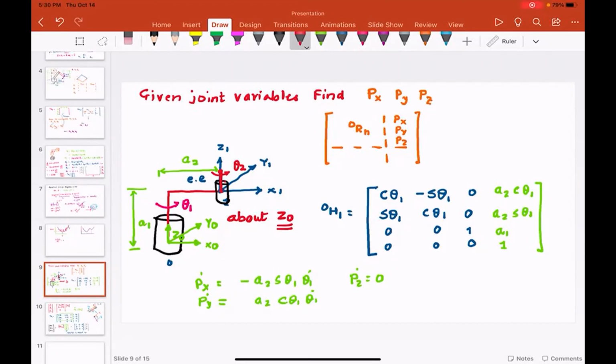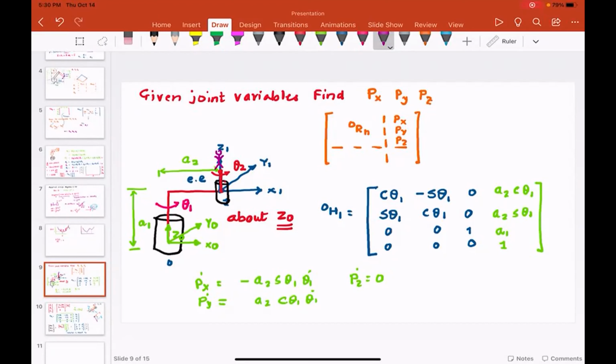And I want you to visualize, if you don't understand the actual situation here, imagine you are standing over here. And now this joint rotates by theta 2. Do you agree with me?